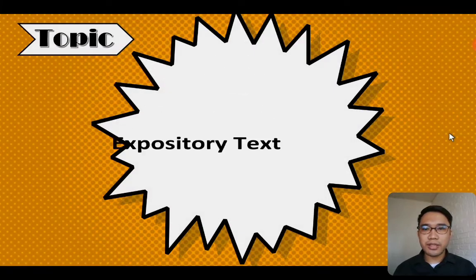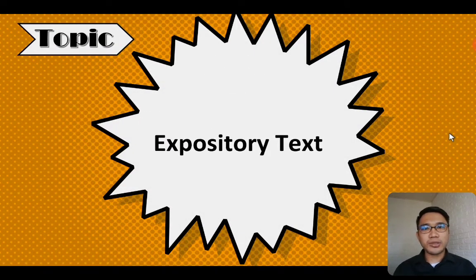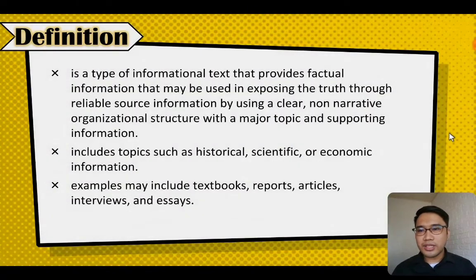So here's our topic. What is an expository text in the first place? Well, to define it, it's a type of informational text that provides factual information that may be used in exposing the truth through reliable sources of information by using a clear, non-narrative organizational structure with a major topic and supporting information. So, what are our keywords here?